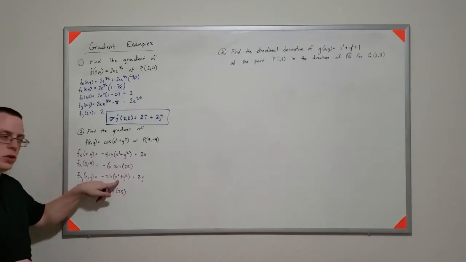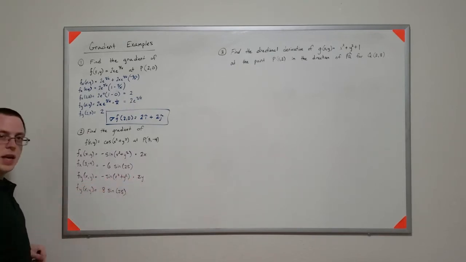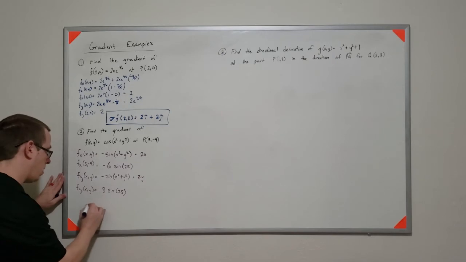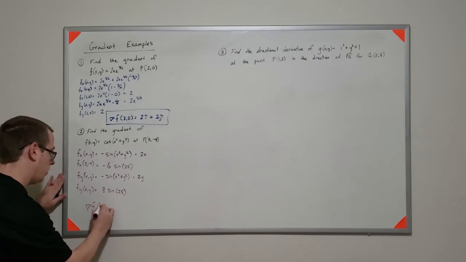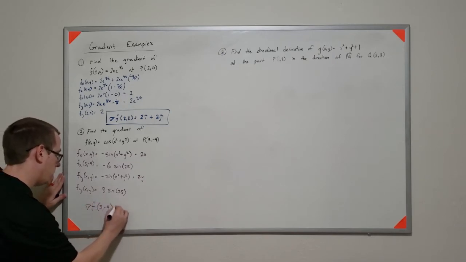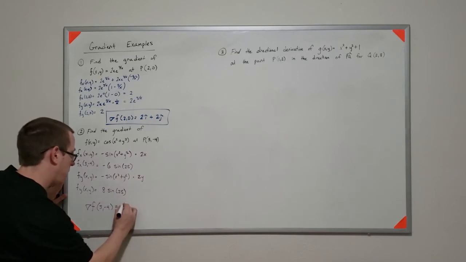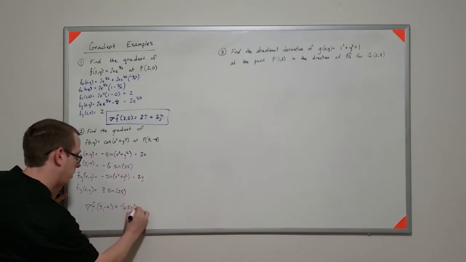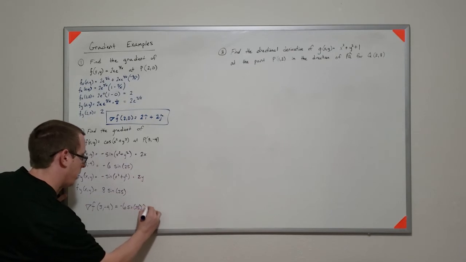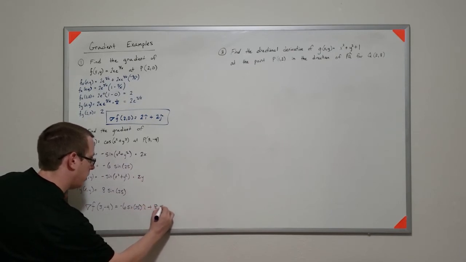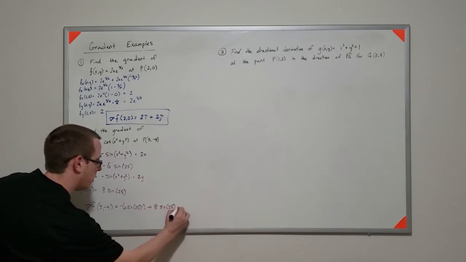All right, that sine function stays the same. Negatives cancel. So our gradient here is negative 6 sine 25 i plus 8 sine 25 j.